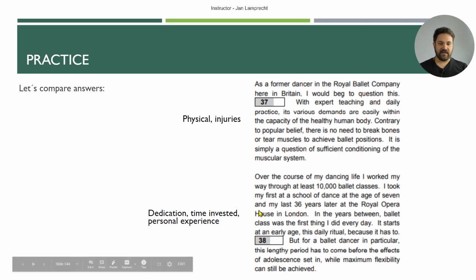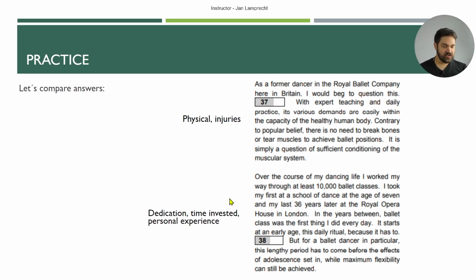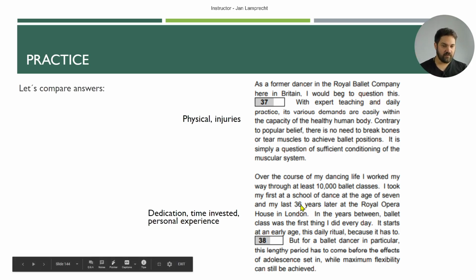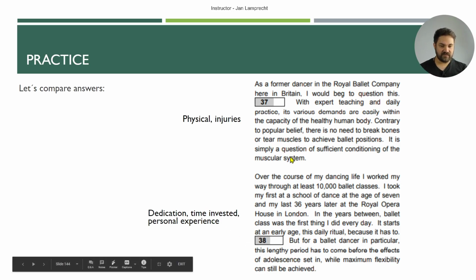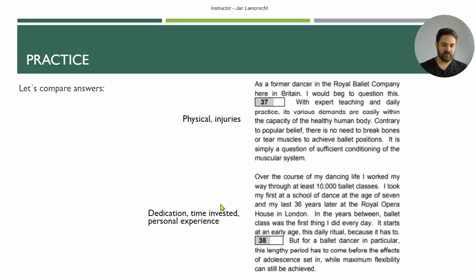And when I look at this paragraph, my summary is it's about dedication, it's about the time. I see a lot of words, 36 years, a lot of classes, period, it's time invested and personal experience. Can still be achieved, things like that. So those are my two summaries of the paragraphs. This will help us connect the options to these paragraphs later.